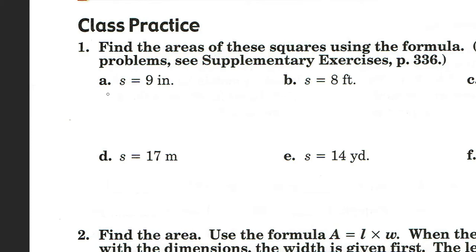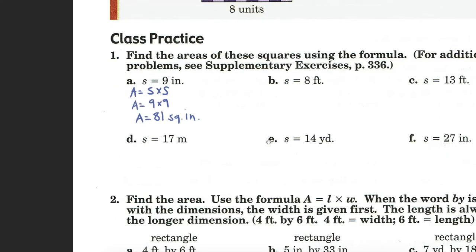The area of a square is S times S. S equals 9 inches, so area equals 9 times 9. Multiply that out and 9 times 9 is 81. 81 what? Square inches, right? 81 squares that are 1 inch by 1 inch. I'll do that for the rest of the problems for number 1.